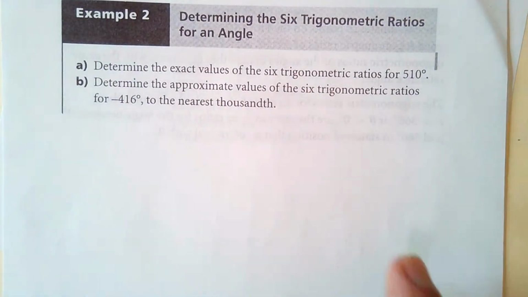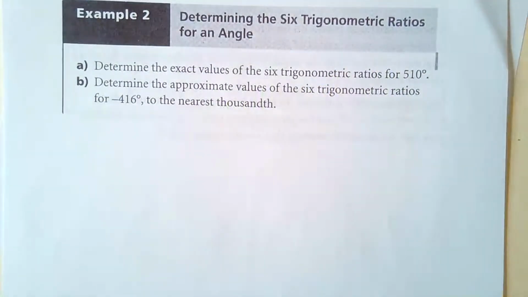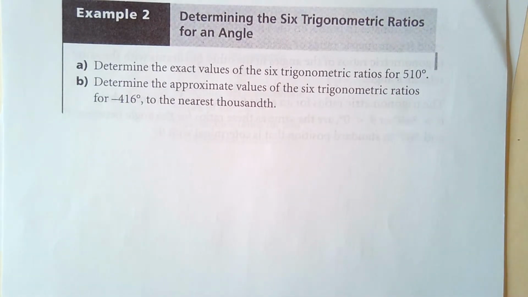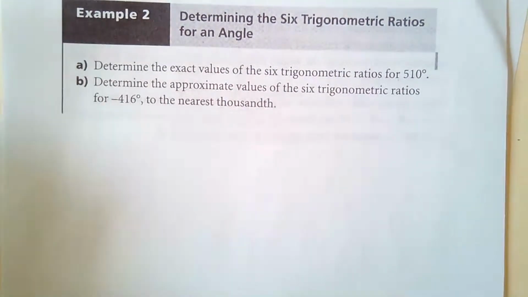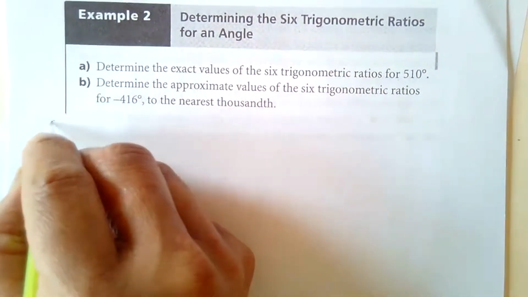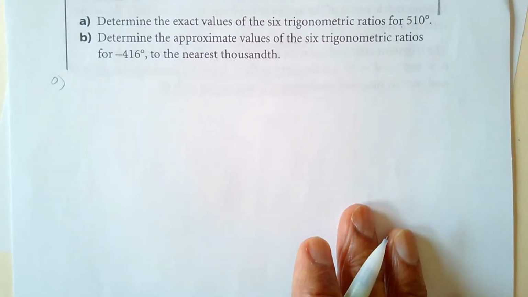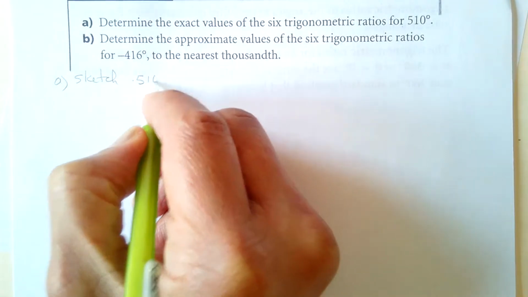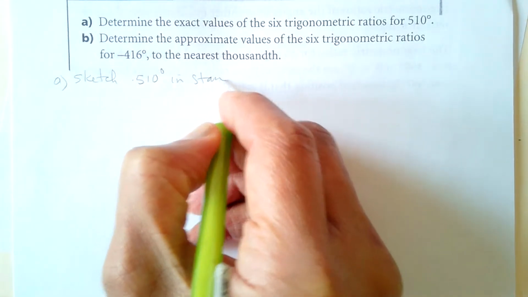So, determining the 6 trig ratios for an angle. Here you're given an angle of 510 degrees. What you want to do first is to sketch 510 degrees in standard position.